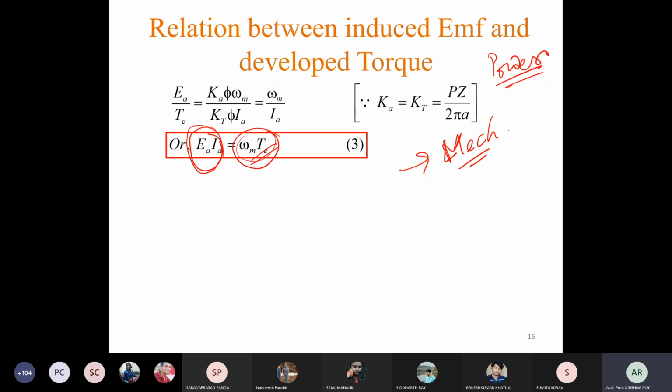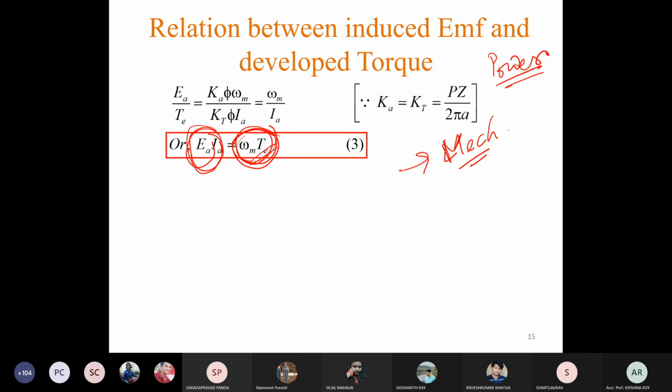If we subtract those losses from the input, then we will have some power which is input to the machine, and that amount of power is converted into mechanical power inside the machine. So that is again some electromagnetic power in mechanical form. That amount of power is this omega m Te. So both of these are electromagnetic power. This is in electrical form, this is in mechanical form. Is it clear?